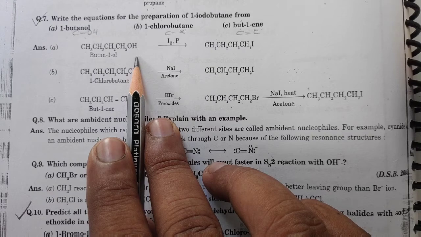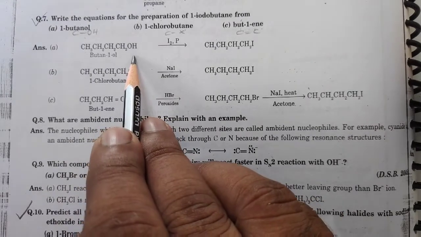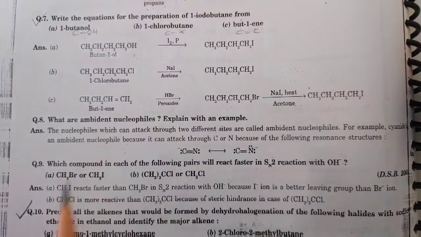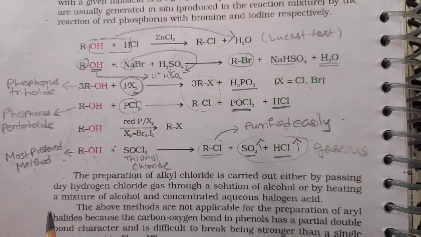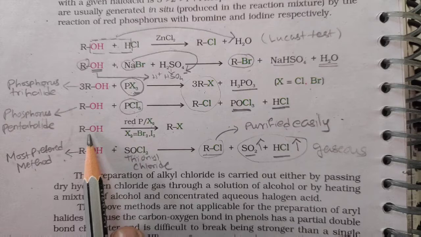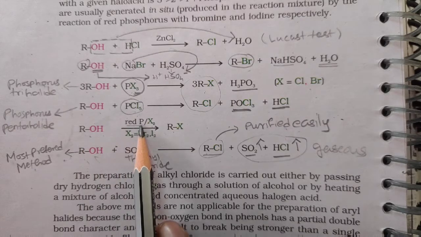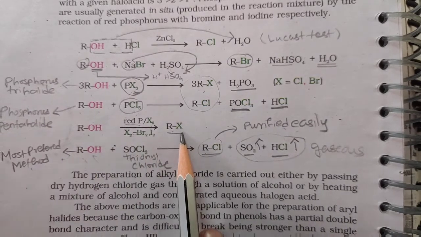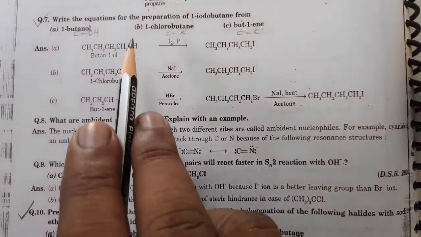In your textbook on page number 294, ROH in presence of red phosphorus gives RX.